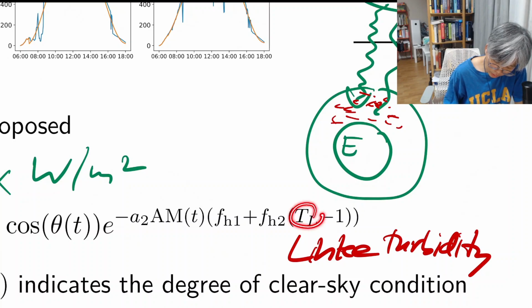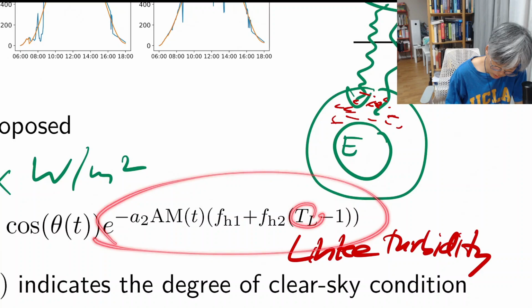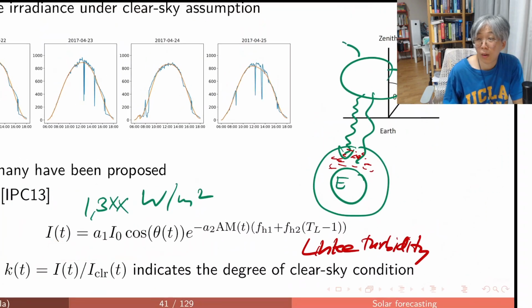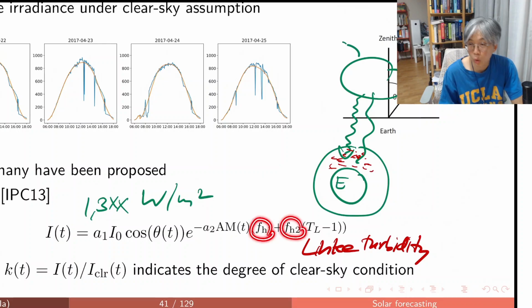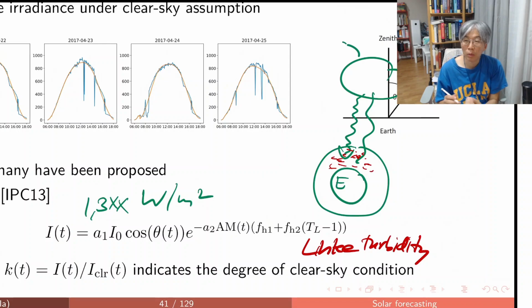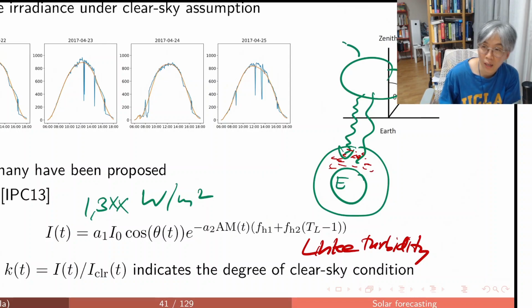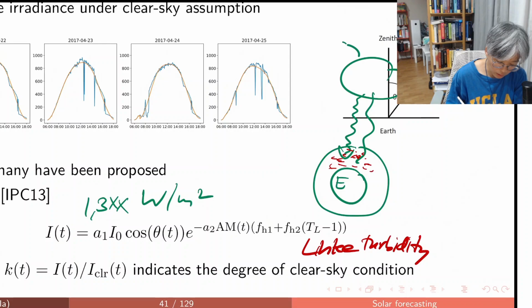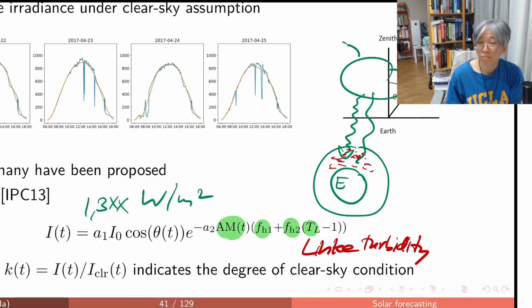Again, the higher the value, the less the value of the exponential term, so there is less solar irradiance. There are other parameters, like fh1 and fh2. These constant parameters vary by geographical location. So in order to use the clear sky model, you need to know the parameters of your air mass, these two constants, and the link turbidity value.